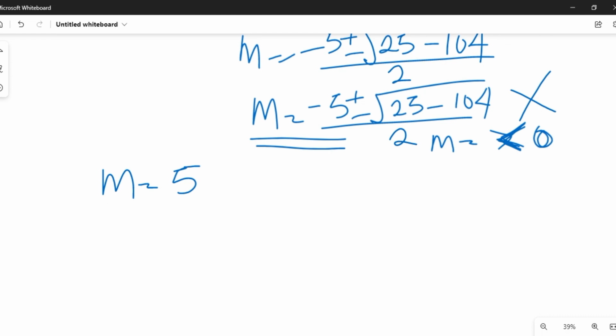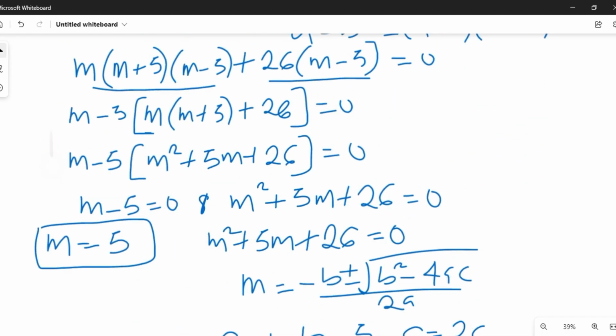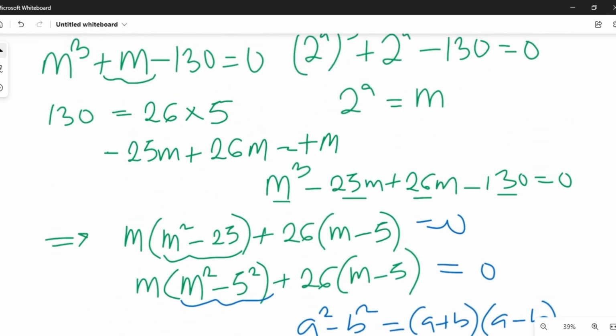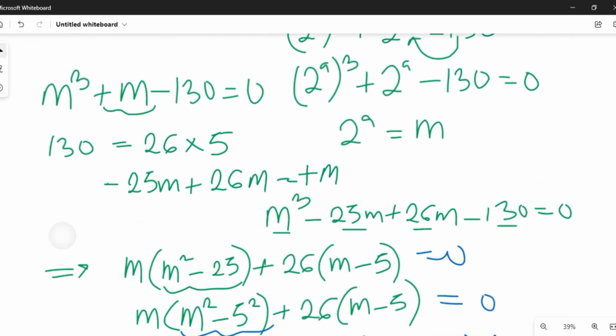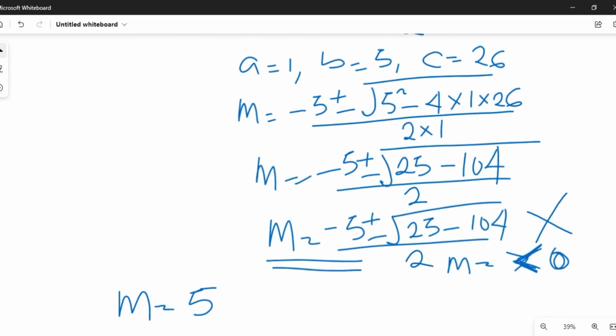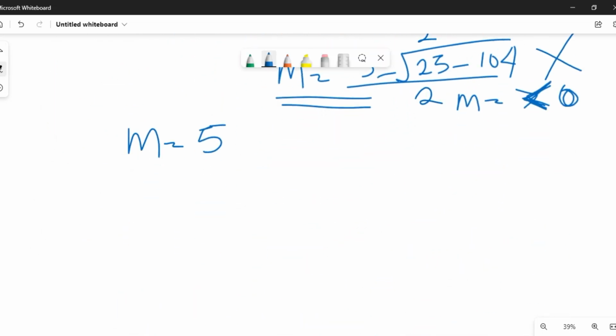Now recall that we said earlier on that we should let 2 to the power a be equal to m. So if 2 to the power a is equal to m, which is equal to 5, we're going to find a.